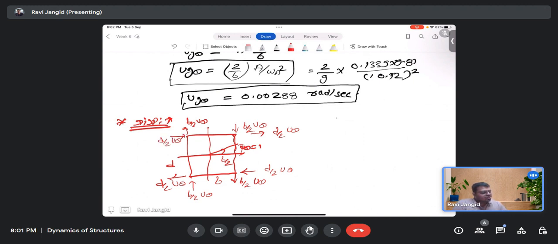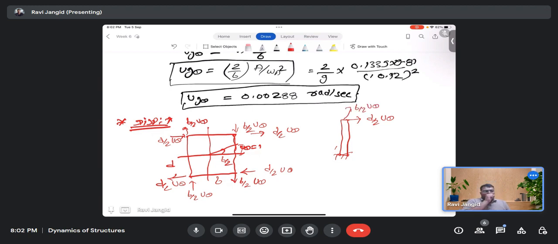So at each column the deformation is coming out to be d by 2 u theta and b by 2 u theta.